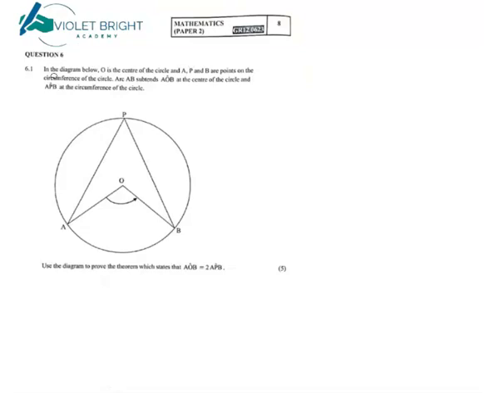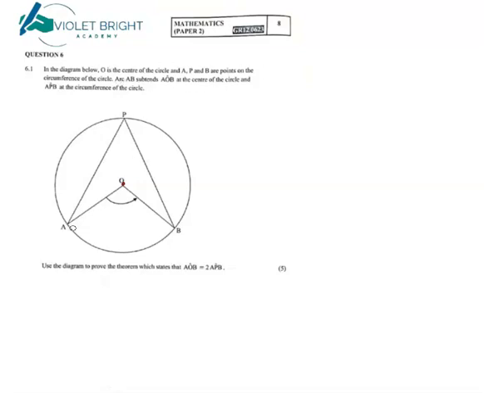So now question 6 says, in the diagram below, O is the center. So A, B, P are on the circumference. Now this is not the cyclic quad, because you can see that we only have 3 points on the circumference.